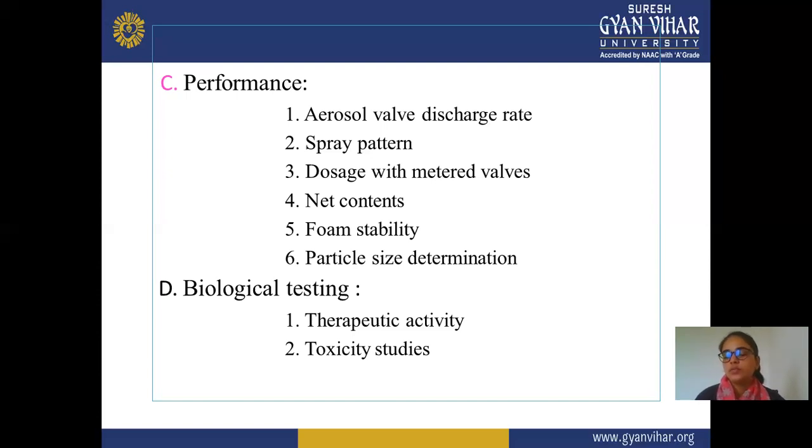So in this, we are confirming whether it shows the desired therapeutic effect or not, or whether it shows more toxic or unwanted effects. In this, we confirm all the therapeutic as well as toxicity effects of your formulation.